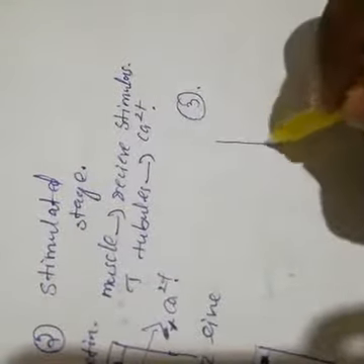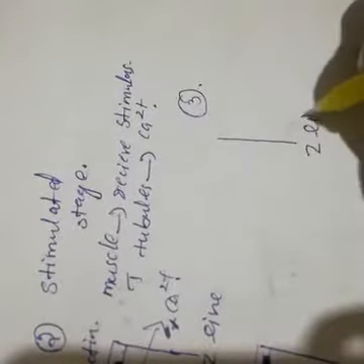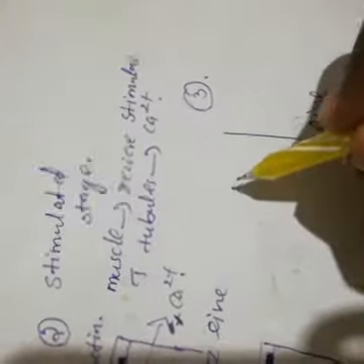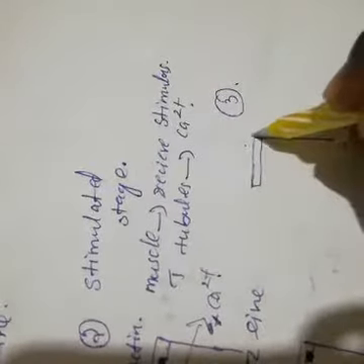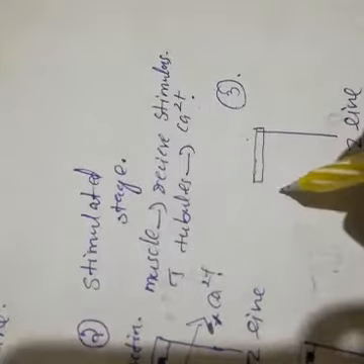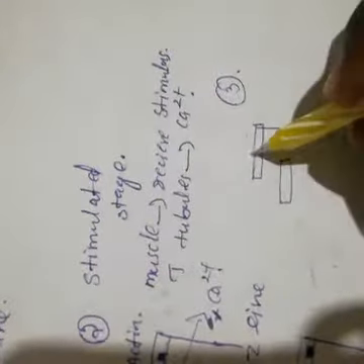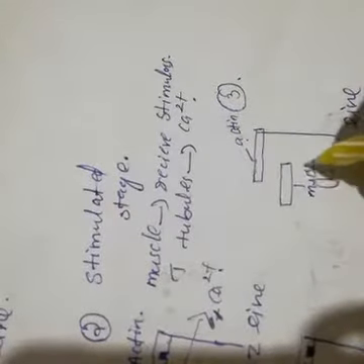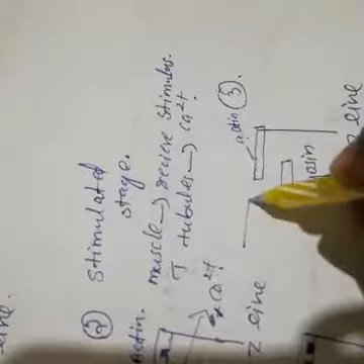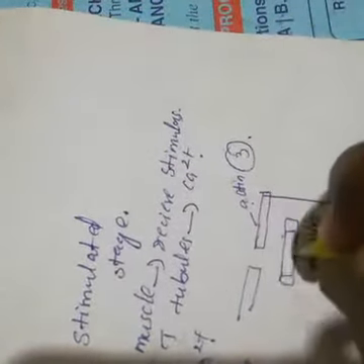Here we are taking a Z line, this is the Z line, and we are taking one actin filament, this is the actin filament, and we are taking a myosin, this is actin, this is myosin, and one more actin here, and the myosin head.